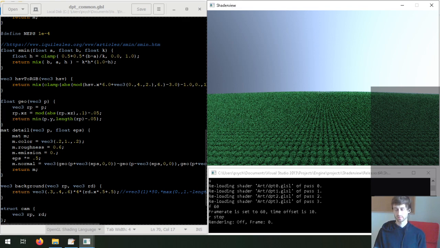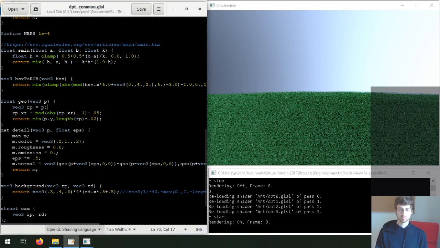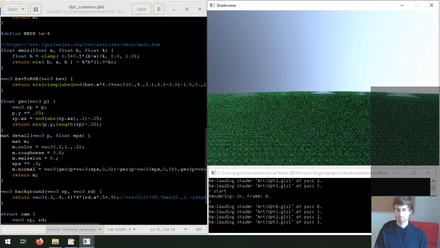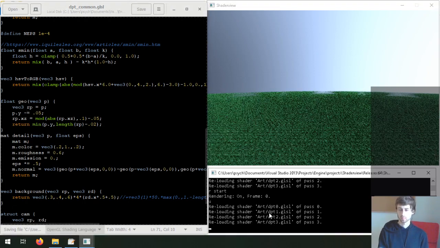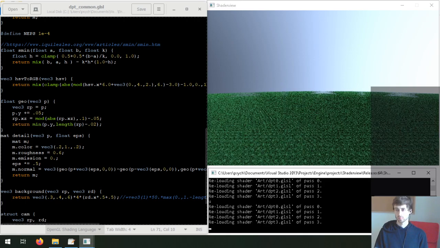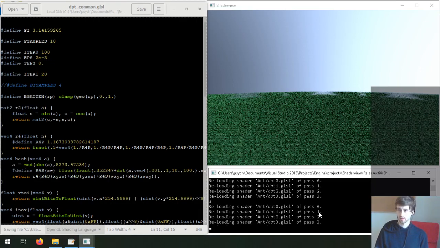I could do cylinders. Although I think this will have good enough of an effect. I think that's caused by an issue with the epsilon. No.